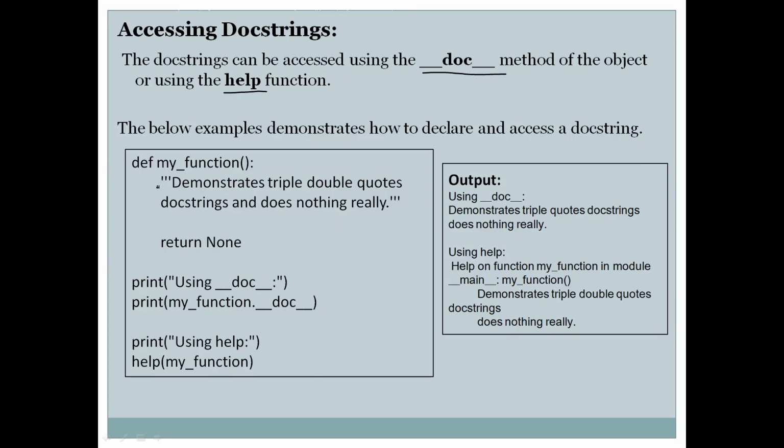See how docstrings are started. Docstrings are always started with triple quotes. Then we can have some documentation which explains what the function does. So we have just included a dummy string here, demonstrates triple double quotes docstring, and does nothing really. And the function is returning a value, that is the None value.